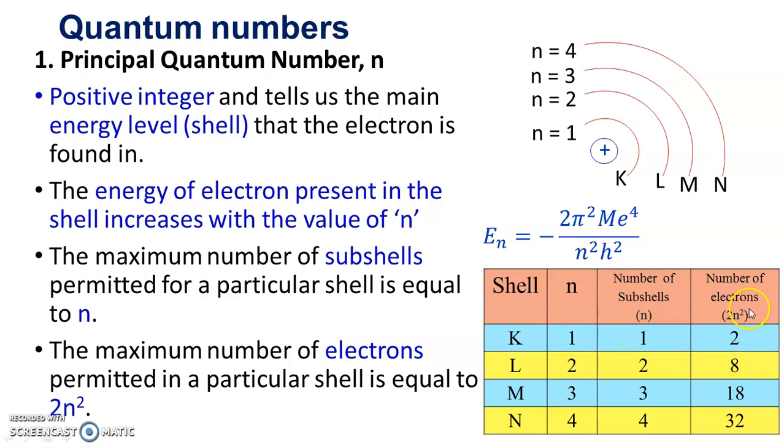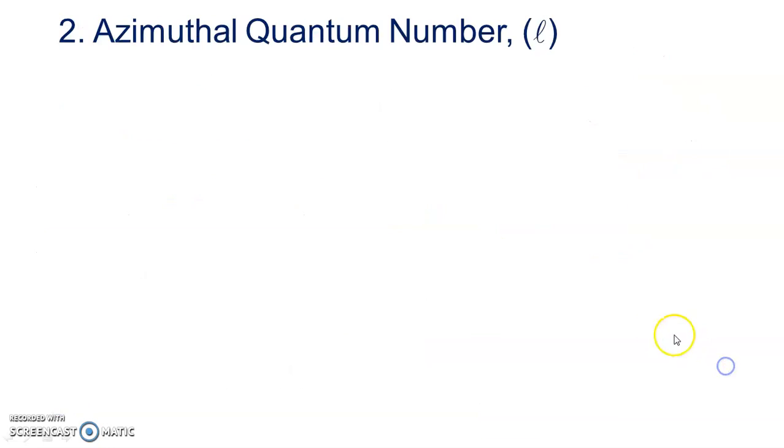For the second shell, the number of electrons will be 8, as per this formula, where the value of n is 2; 2 square means 4, 2 fours are 8. In the third shell there are 18 electrons, and in the fourth shell there are 32 electrons. So the number of electrons in a given shell is given by 2n square. This is about the principal quantum number.